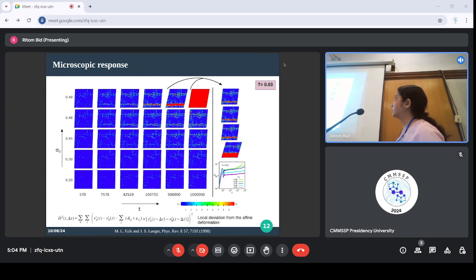And during the flow, the system forms such shear band kind of structure. Otherwise, if we decrease the stress, then this heterogeneous spatial plastic deformation still appears, but they grow very slowly with time.